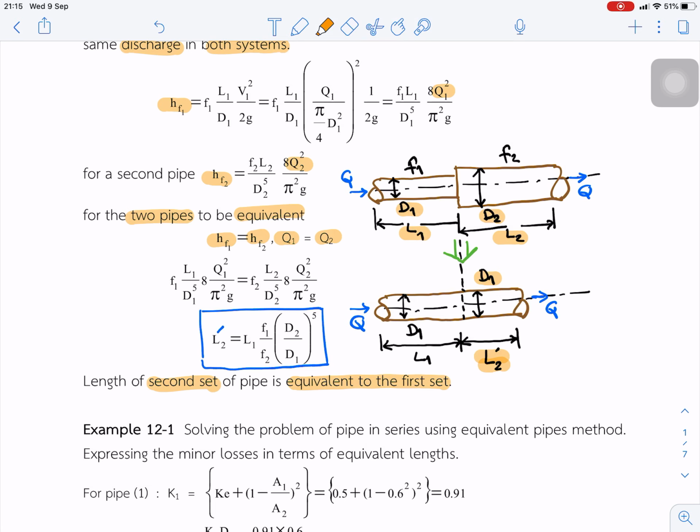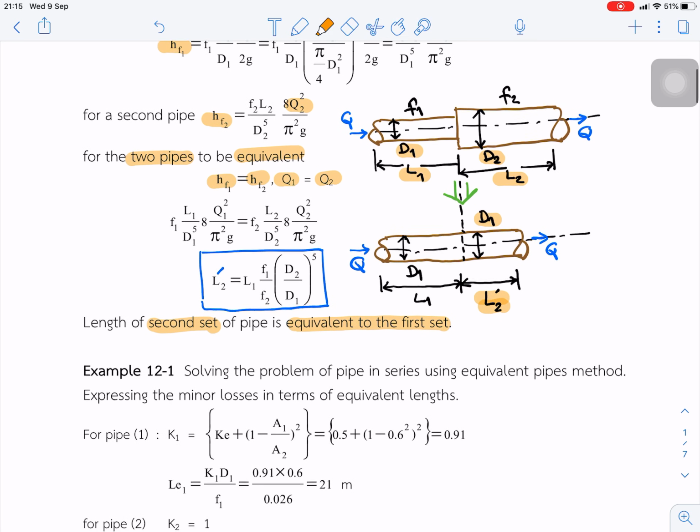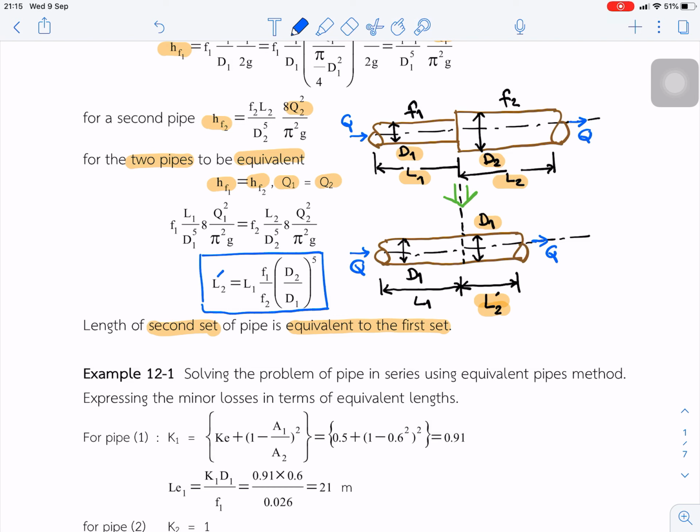We can look at it in terms of an example. If we assume that D2 is D1 divided by 2, so D2 is half of D1, and f1 is equal to f2, then we can say that L2 is equal to L1 times the ratio of f1 to f2, times D1 divided by D2 to the power 5.